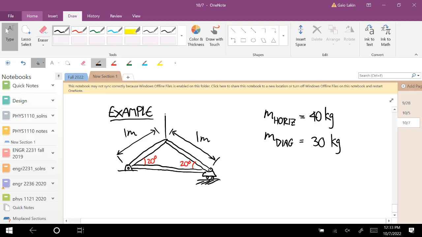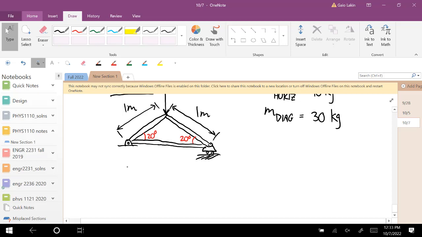And just so you can see it, let's apply a downward force of 200 newtons at that top joint. And we want to solve that structure.